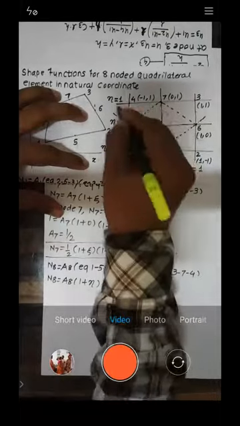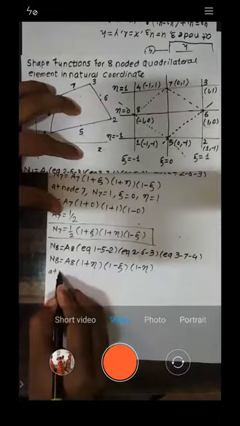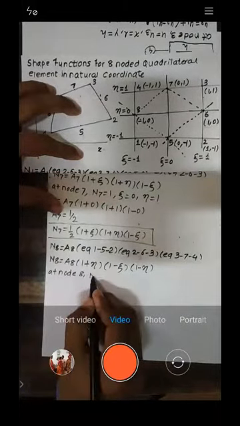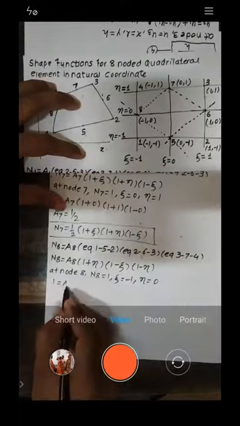And for 3-7-4, eta is equal to 1, that is 1 minus eta. At node 8, N8 is equal to 1, zeta is equal to -1, eta is equal to 0. So 1 is equal to A8 times 1 plus 0, 1 minus of -1 is plus 1, and 1 minus 0. So A8 is half. N8 is equal to half (1 plus eta)(1 minus zeta)(1 minus eta).